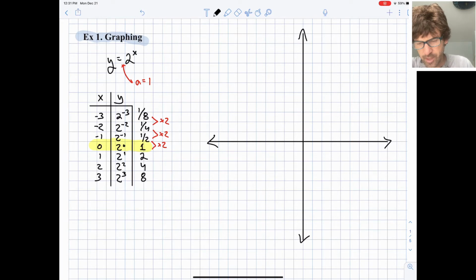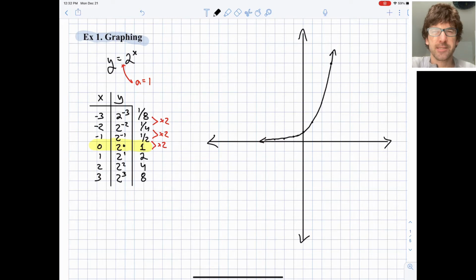When x is 0, y is 1, and we're doubling as we go to the right, and we're halving as we go to the left. And we're going to get a function that looks roughly like this. So that's a classic exponential function, y equals 2 to the x.